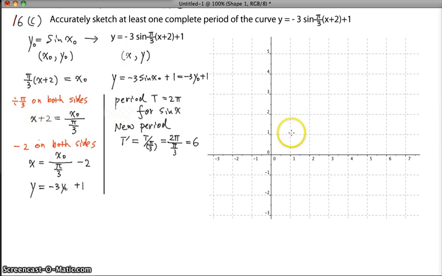Okay, now we can actually label a couple points. That means the function is going to be starting from 0 and then end up at 6 for one complete term. But be careful, because we minus 2 here. That means all of the points on the new function are going to shift by minus 2.